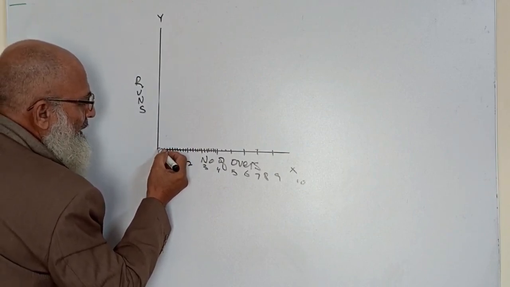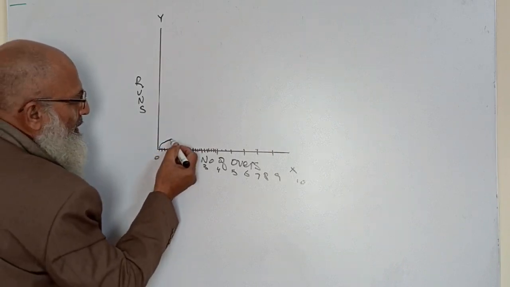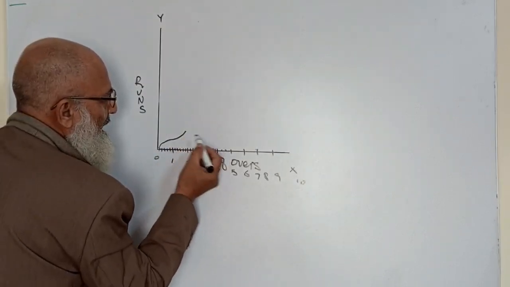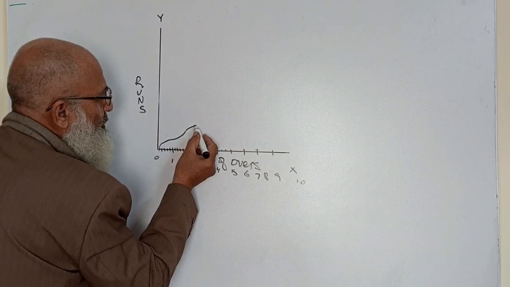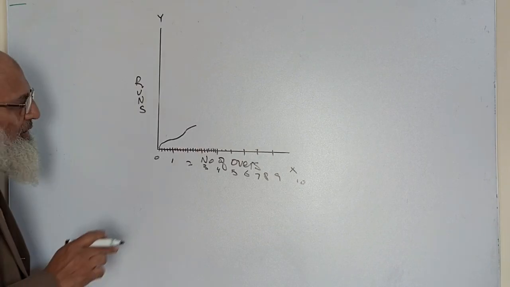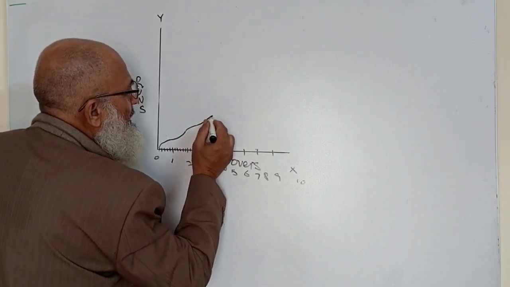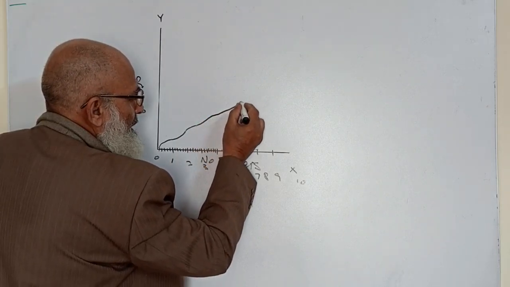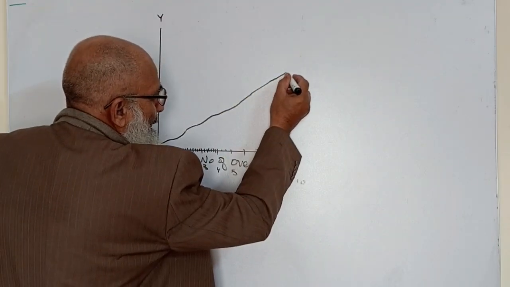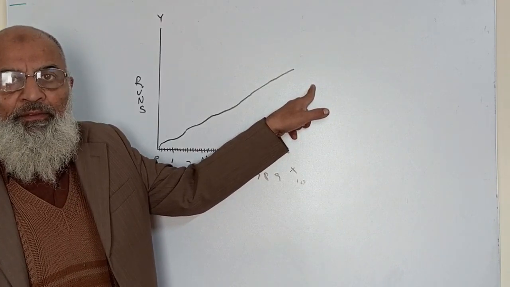Now the runs are like this, and again, the runs will always increase. The runs will always increase. So there is always an upward trend in this graph.